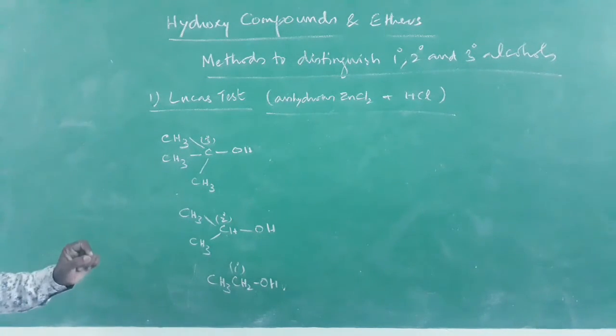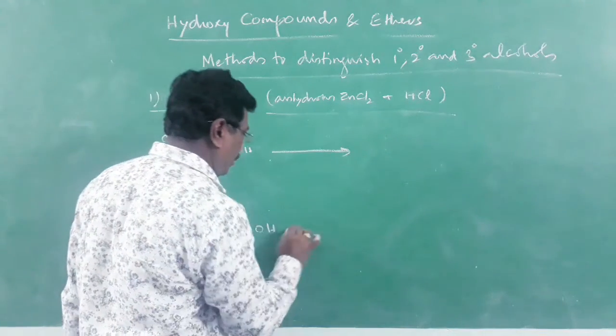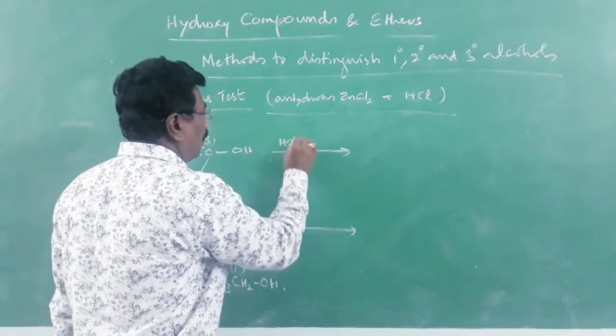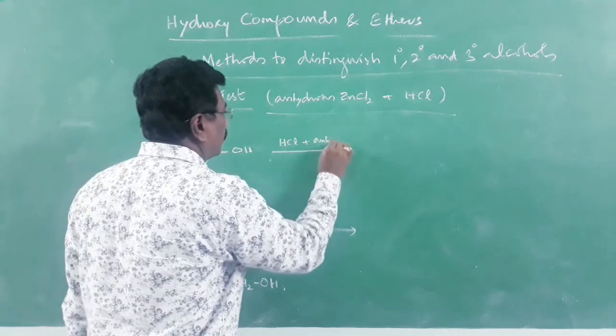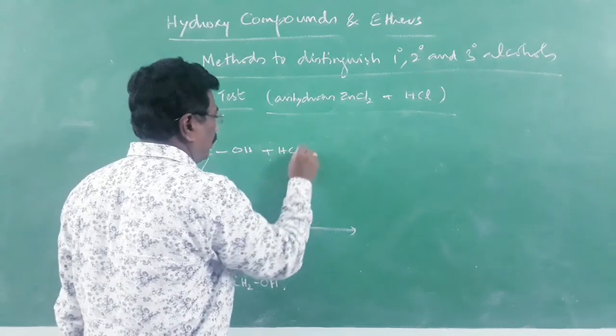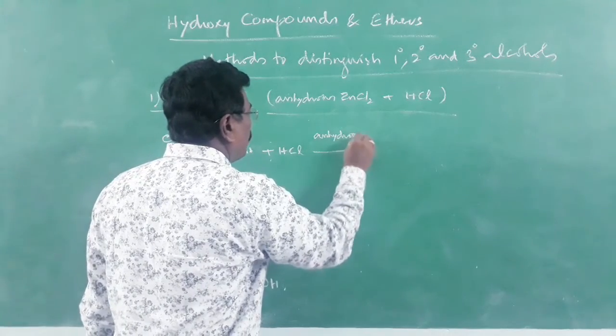When these alcohols are treated with Lucas reagent at room temperature, HCl plus anhydrous zinc chloride. I can write plus HCl in the presence of anhydrous zinc chloride. Remember room temperature.